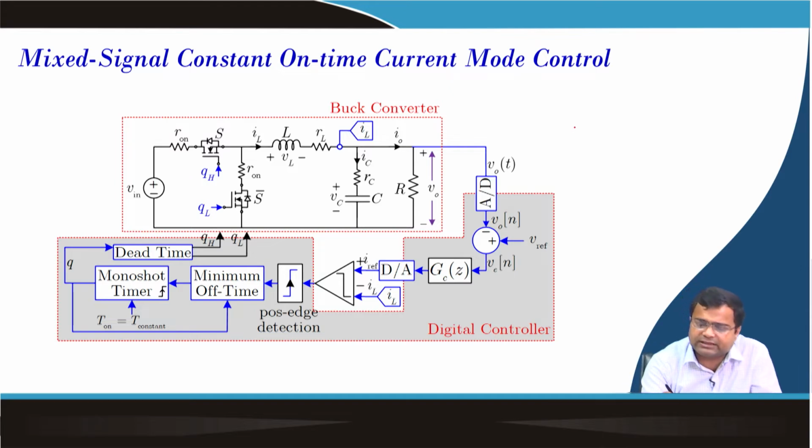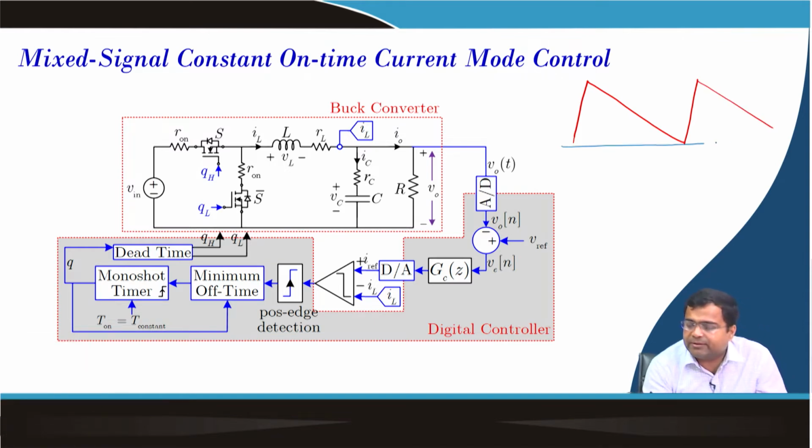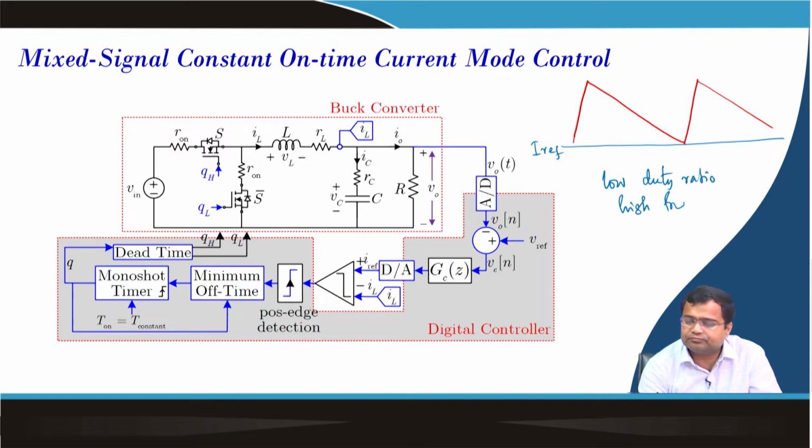So I am talking about the scenario when the duty ratio is very small, and this is your reference current. So this is particularly for low duty ratio, high frequency DC-DC converters.